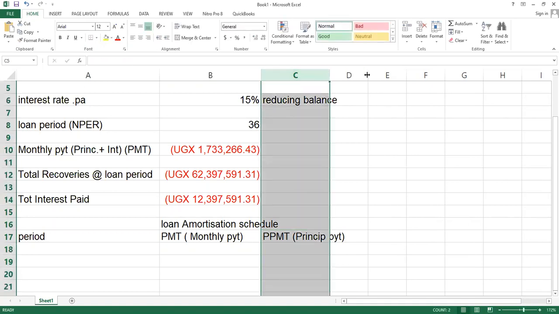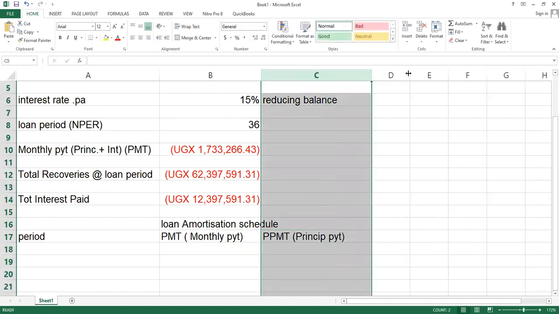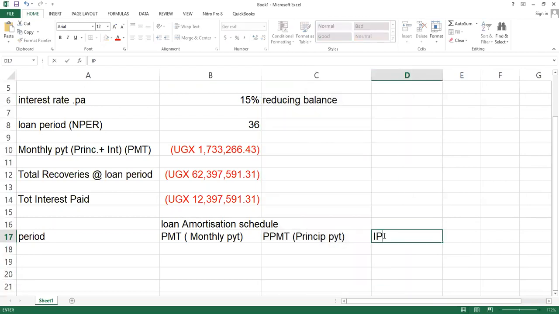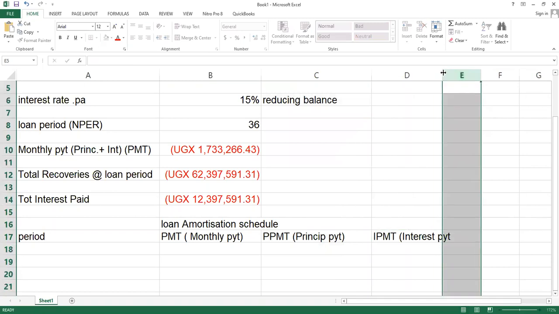Then I can have also IPMT. So IPMT is the interest payment. Okay, the interest payment per month.